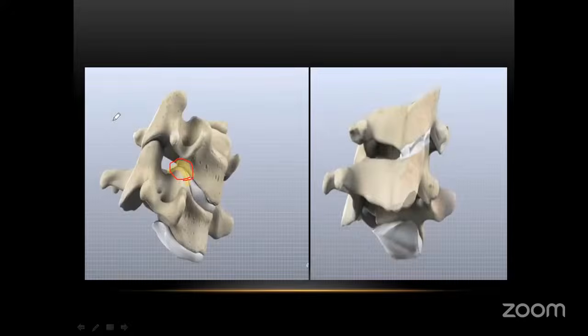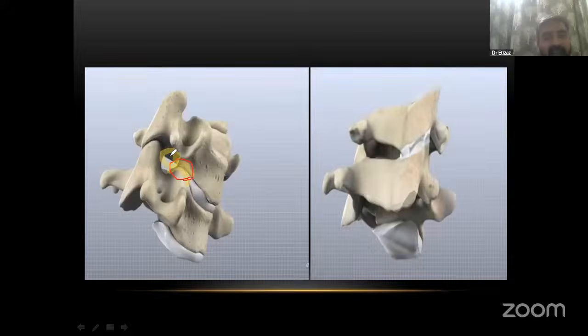Yes, sir. This is the area of the nerve root. When they become degenerative, or osteophytes are there, they can compress the nerve roots. The patient can have symptoms of radiculopathy. This is the importance of this one.